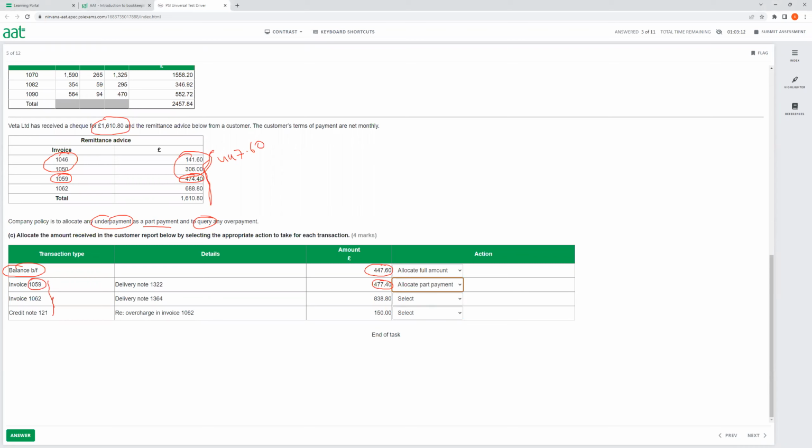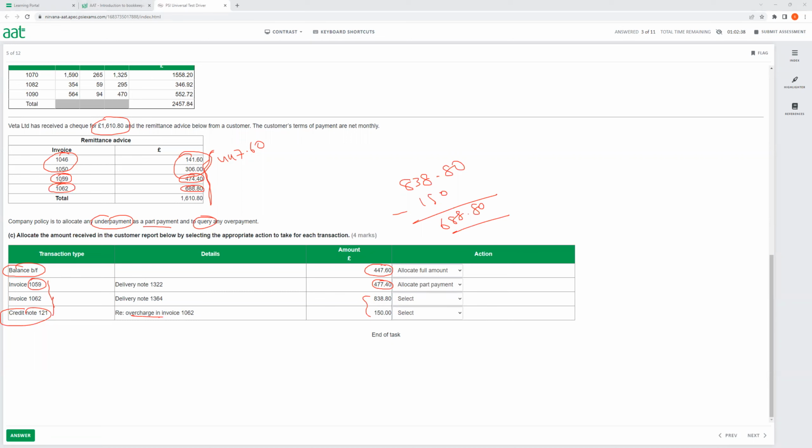The next invoice we can see is 1062, 688.80, and we have here 688.80. Our invoice we have here is 838.80, but we have one credit note for an overcharge. So that means you have to find the difference. 838.80 minus 150 gives me 688.80.